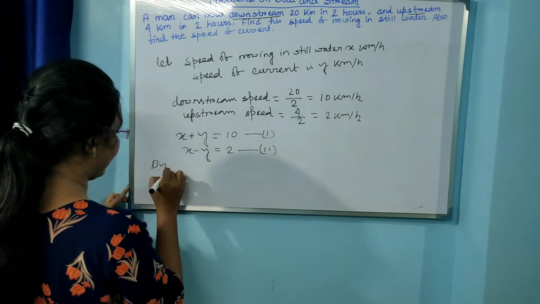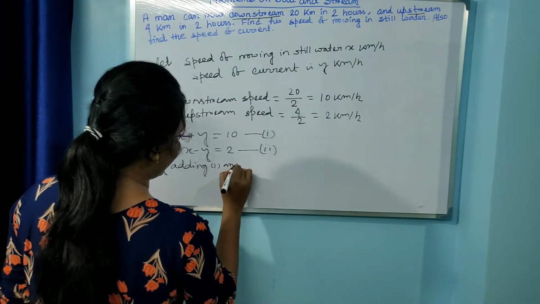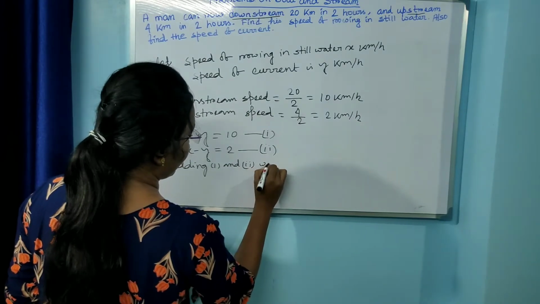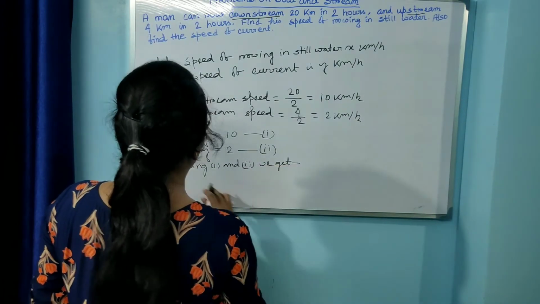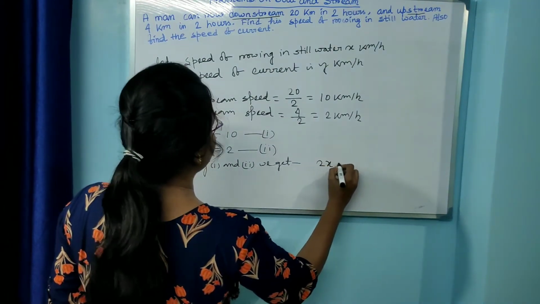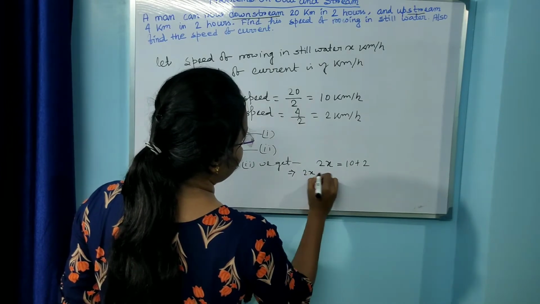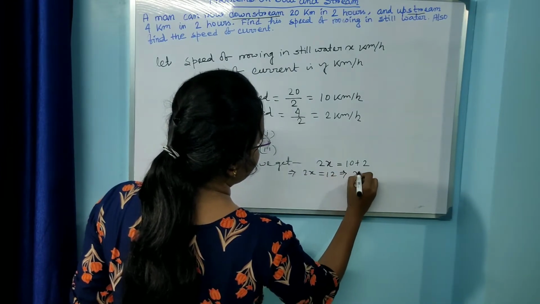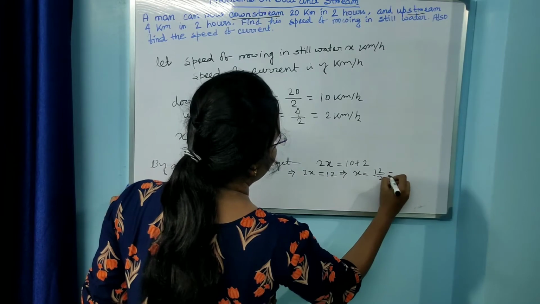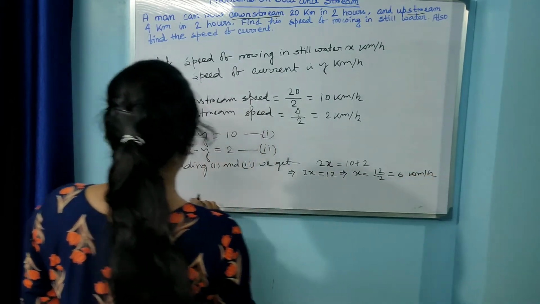So by adding 1 and 2, y and y will be removed, so we get 2x equals 10 plus 2, that is 2x equals 12, which gives us x equals 12 by 2, that is 6 km per hour.